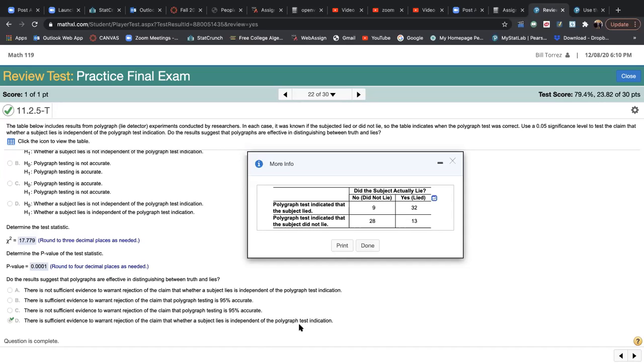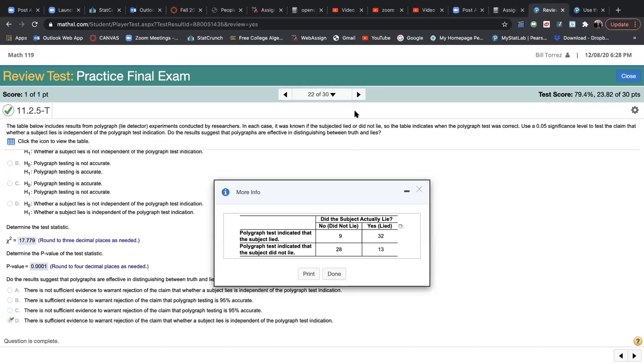Okay, so we'll reject the notion of independence, and it appears that the polygraph is working correctly. Okay. All right. So let's go into our next problem here.